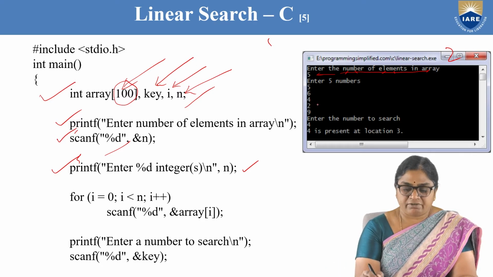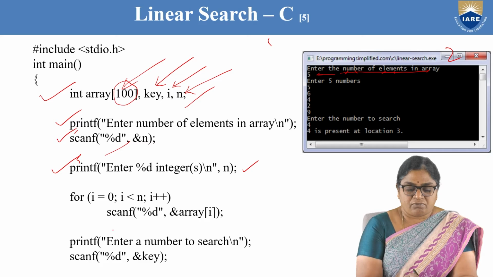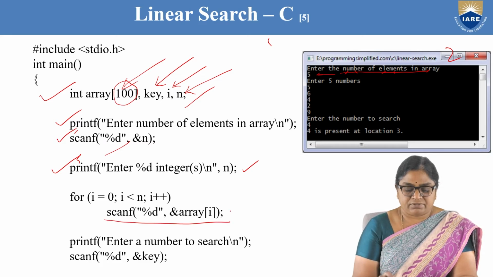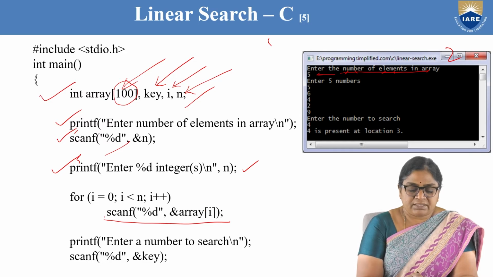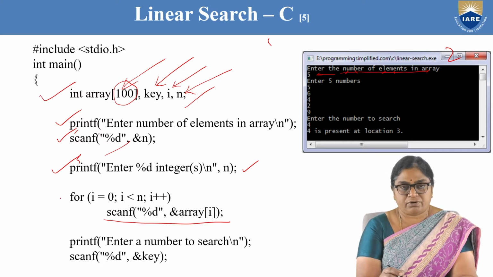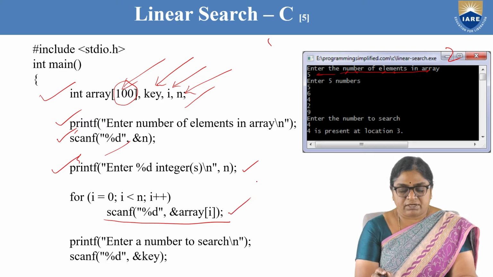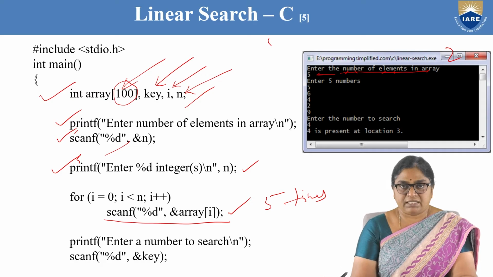So to read 5 different elements, we are writing a scanf statement. Here we are reading each element in the array by writing ampersand array of I, and we are placing this scanf statement in a for loop because we want to run this particular statement 5 times because the size of the array is 5.